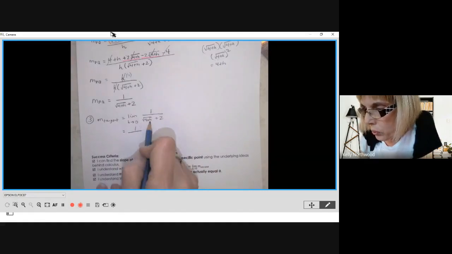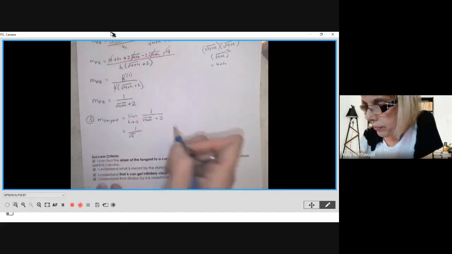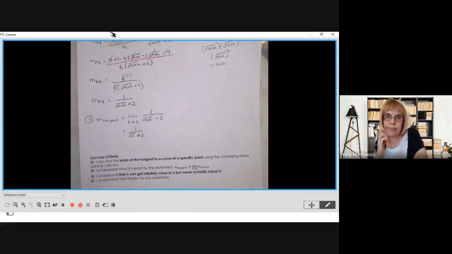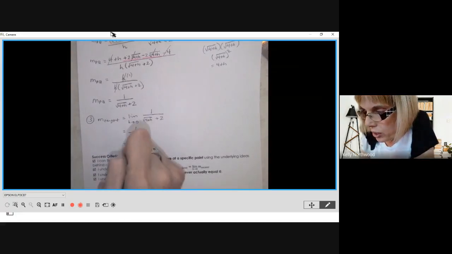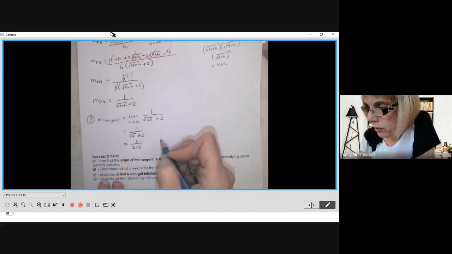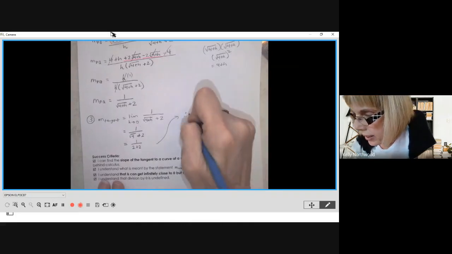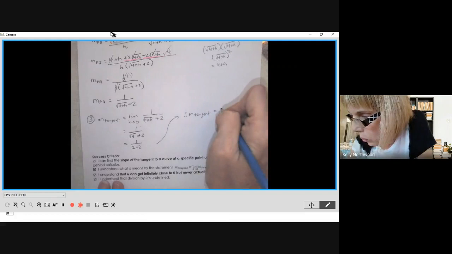What's going to happen to the root of 4 plus h as h approaches 0? Well, it's going to approach just the root of 4. And then the plus 2, that's not affected by h approaching 0. It's just going to stay there. And then lucky for us, the square root of 4 is a nice number. It's 2. So if I go over here, I finally get that the slope of the tangent should be 1/4.